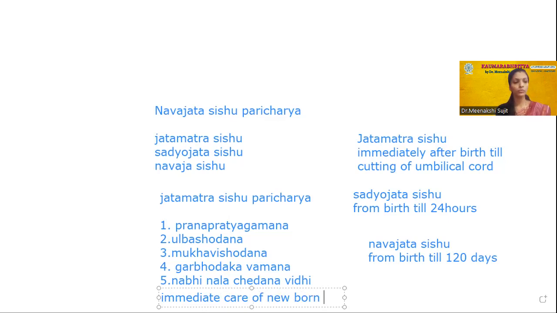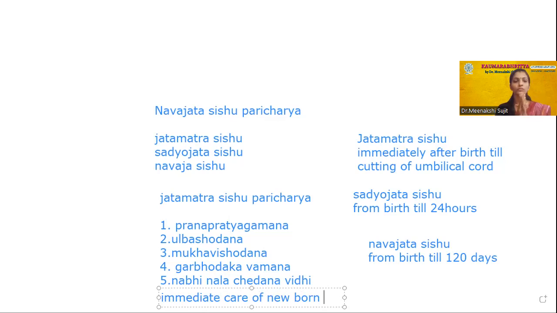What all care will they do? Soon after delivery of the baby, the baby should be placed in a tray. The tray should be covered with dry linen cloths. The head should be put slightly downwards. The tray should preferably be placed between the legs of the mother, with the legs of the mother in a lower position.